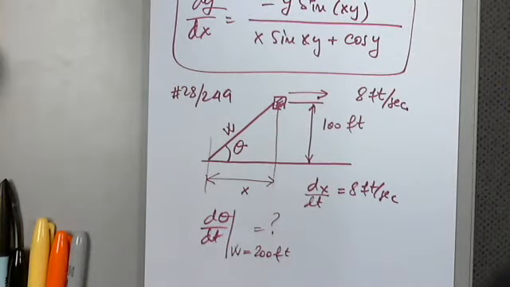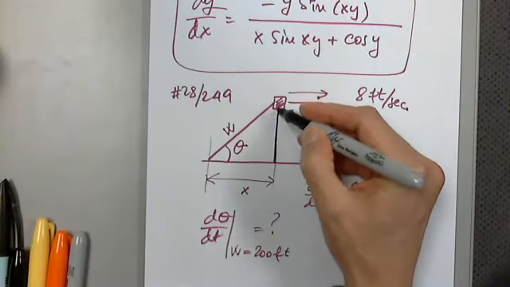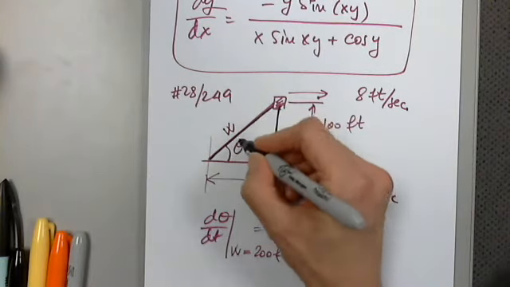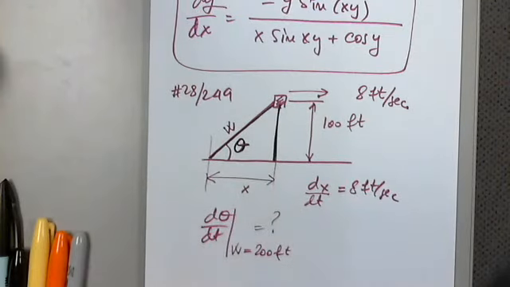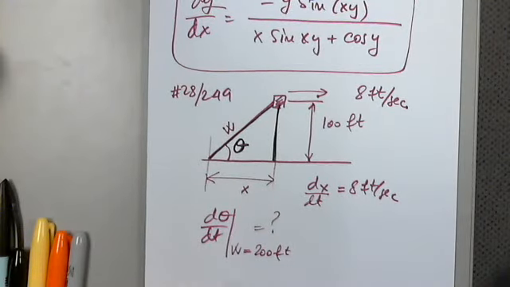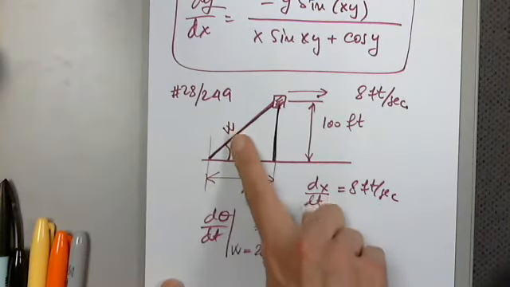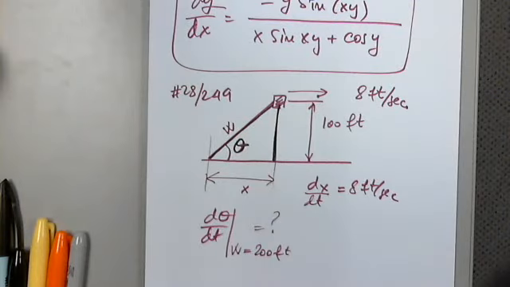Okay. So obviously I have this. I need to involve this, and I need to involve this. I'm definitely thinking of a trig function. A trig function that uses the opposite and the hypotenuse. Sine. Exactly.